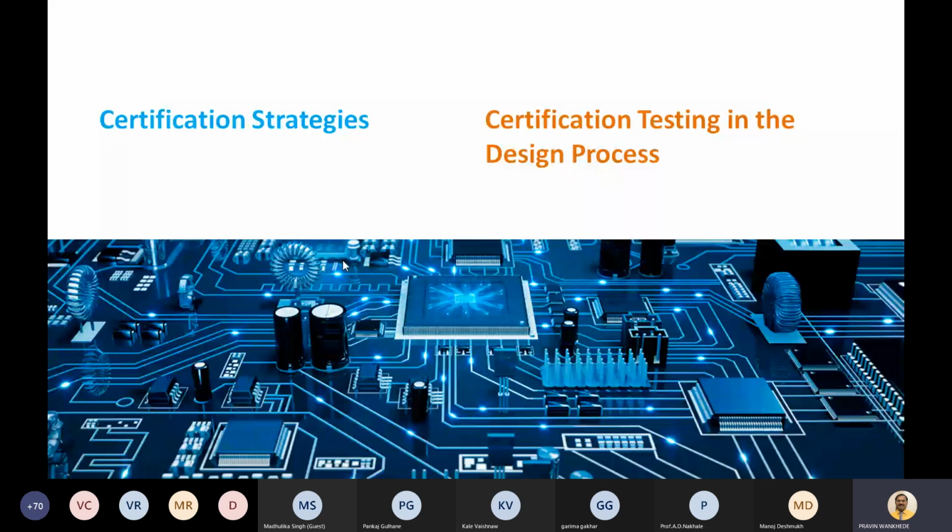Okay, so let us take an example. I will give an example here for the certification strategy. Let our IoT device have a wireless function. So one option is to design the RF section ourselves. Obviously, as in my last presentation I also said, whether we have to make or buy.